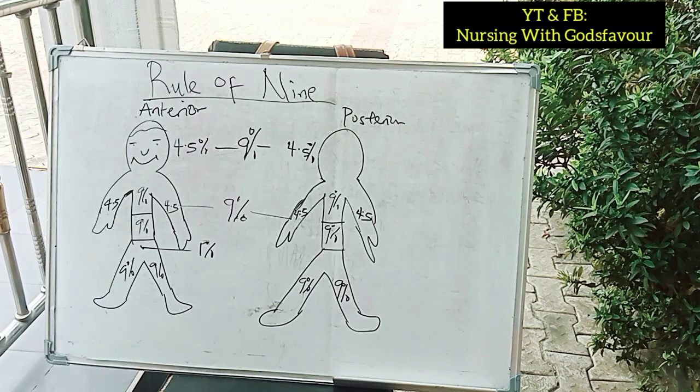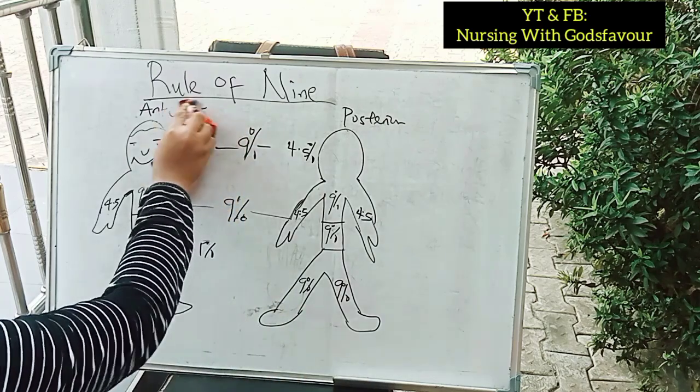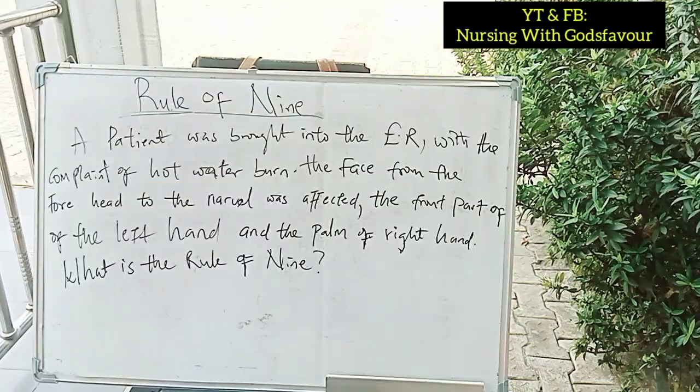So let's look at some examples, some questions where the rule of 9 is applied. This can be your typical exam question. A patient was brought into the ER with a complaint of hot water burn.